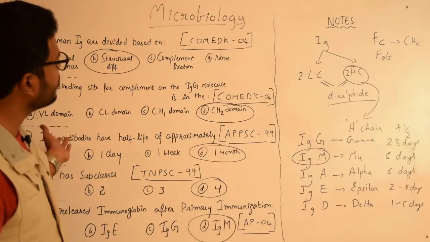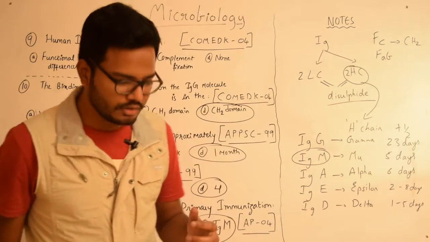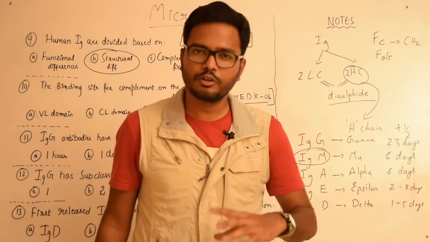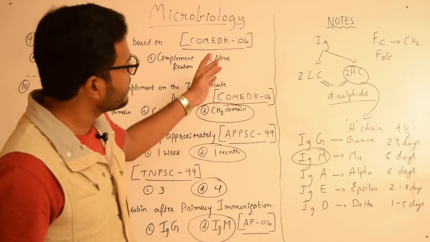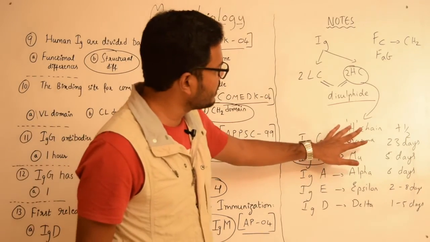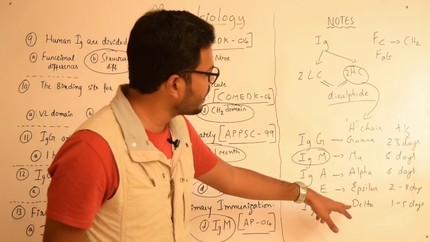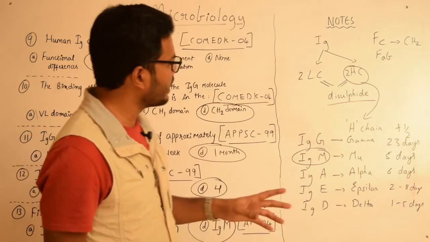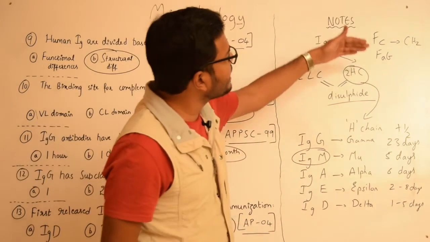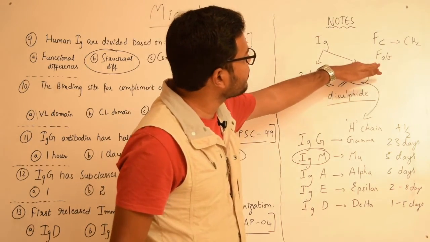So these are a few more model questions with some useful notes. Hope they're useful for you. To summarize, we have various classes of immunoglobulins, based on the structural differences of the H chain. We have gamma, mu, alpha, epsilon and delta antibodies, right? And we have 2 binding sites for any antibody, FC as well as FAB.